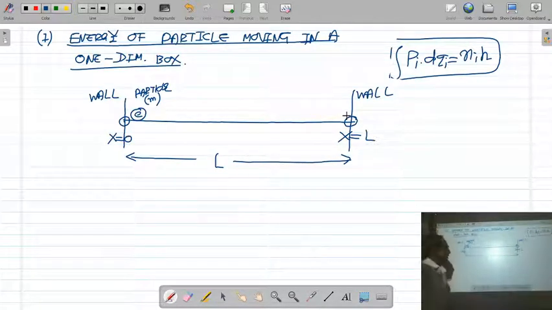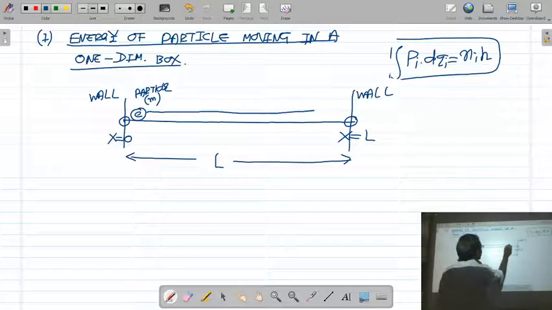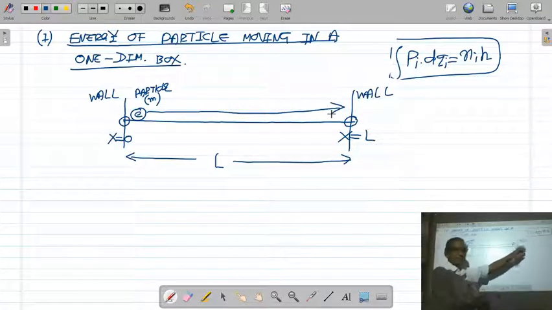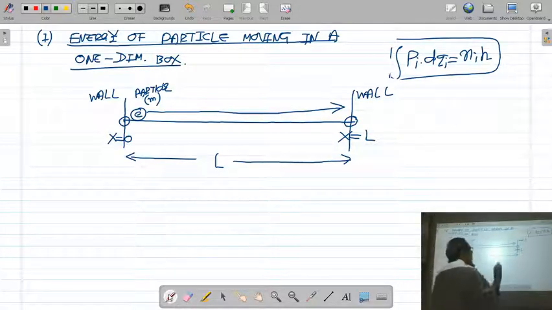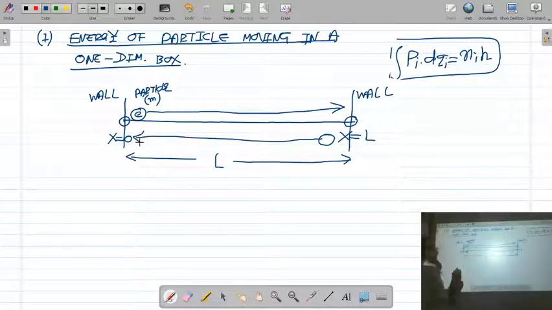Okay. Now, when the particle starts its motion from x is equal to 0, it travels distance L and the particle will strike the other wall. After striking the other wall, the particle will be reflected back, again travels distance L and comes back to the initial position at 0.